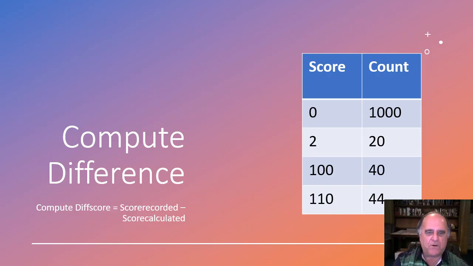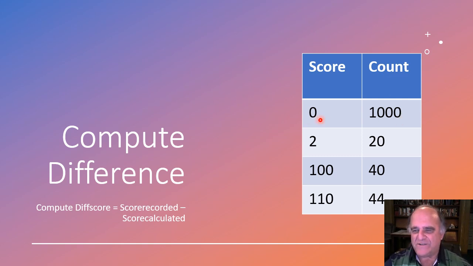So for example, we've computed a variable called diff score. It's equal to the score recorded minus the score calculated. And so we compute this difference, and now what we've done is a simple frequencies. And we can see that 1,000 times it worked.